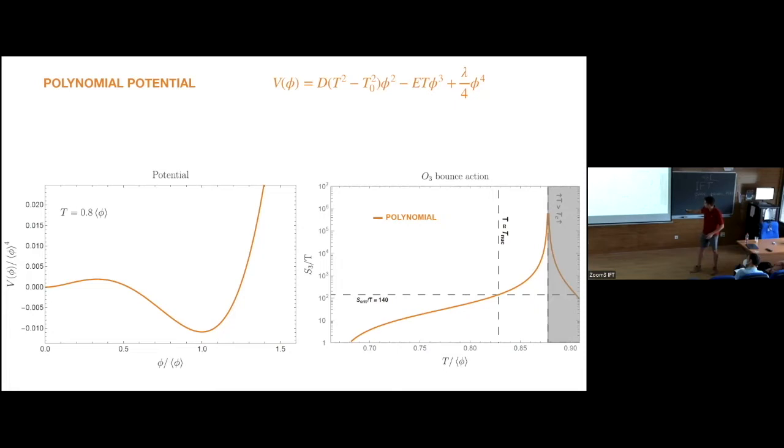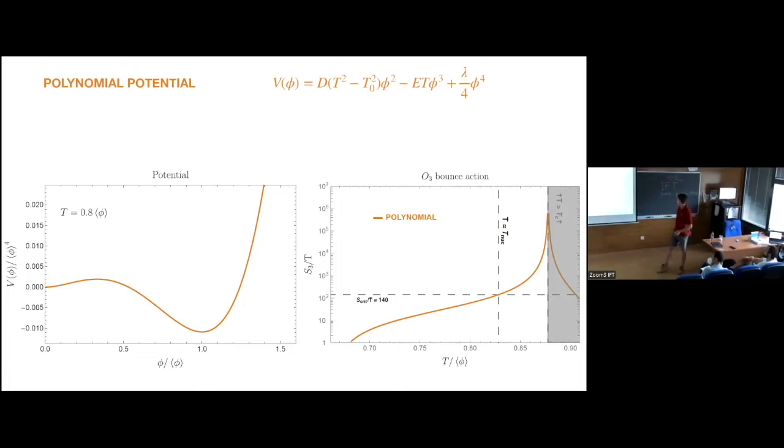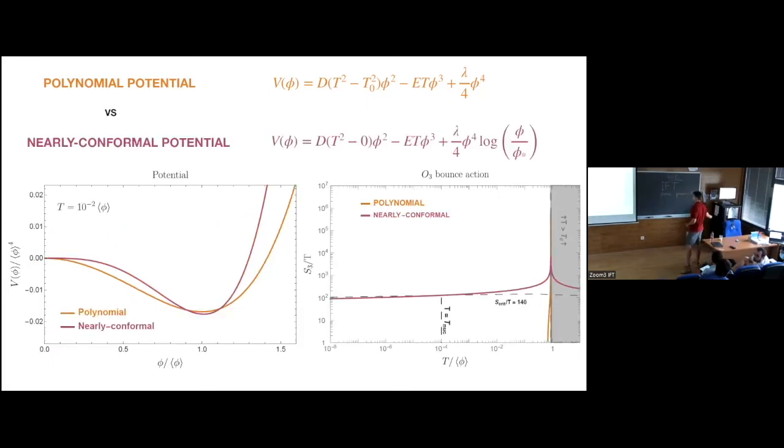At some point, it can compete with Hubble expansion around this horizontal dashed line, and then you can read the nucleation temperature. And this is the trajectory in field space of nucleation. Okay, that was the story for polynomial potentials.